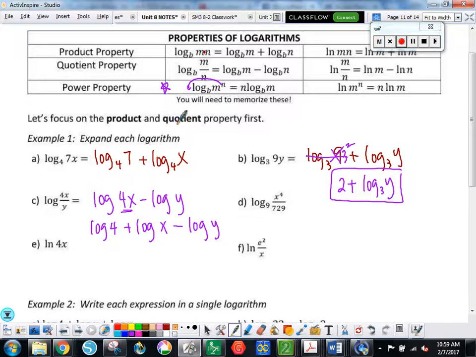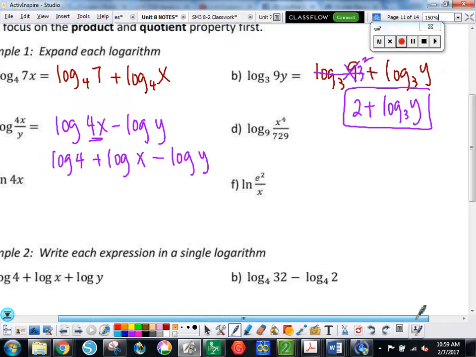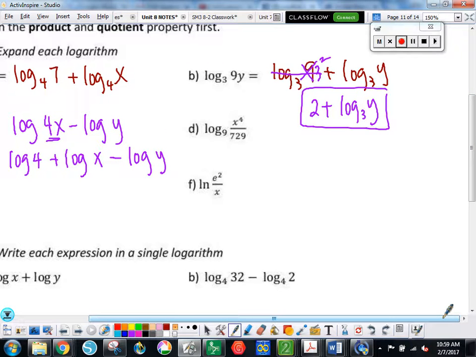So for this one, part D, how do we expand it? We've got log base 9 of x to the 4th, plus or minus? Minus log base 9 of 729.